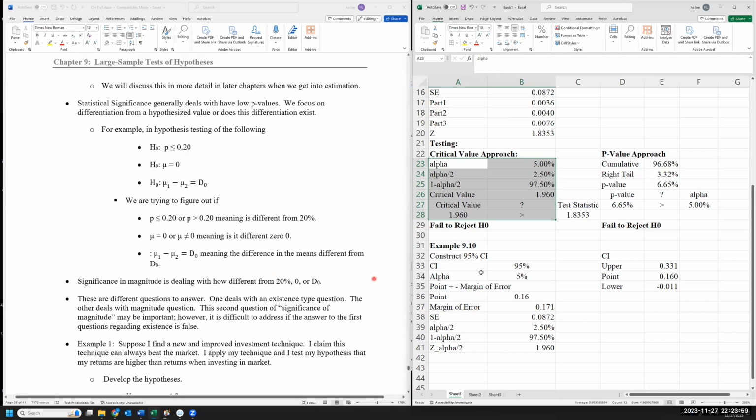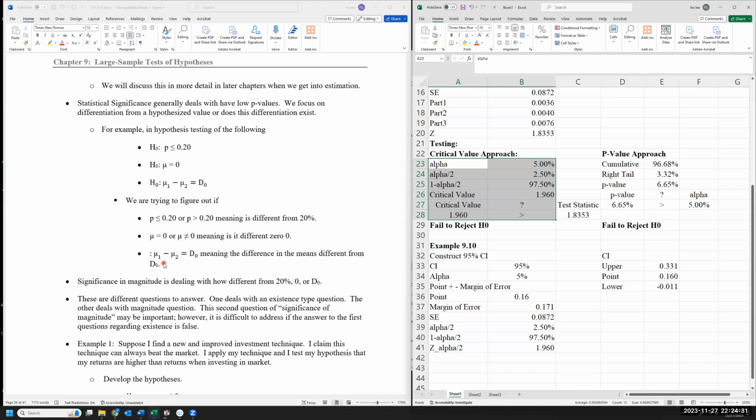What we're trying to do is figure out, okay, does the data show that the null hypothesis can be rejected or fail to be rejected? So for example, in this first example, is p less than or equal to 0.2 or is it greater than 0.2? In this one, is the mean equal to 0 or is it not equal to 0?